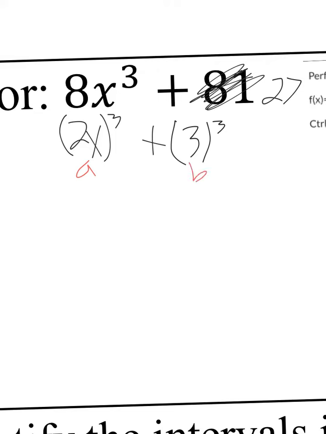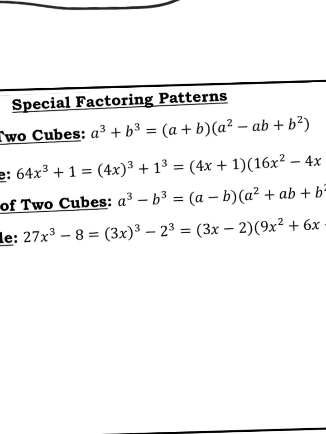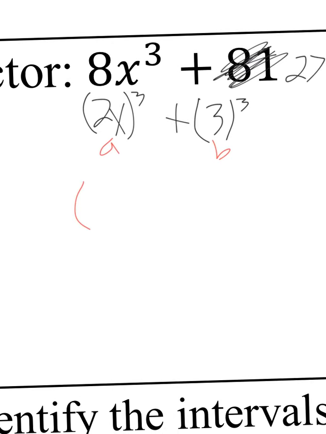So it's going to say A plus B times A squared minus AB plus B squared. So A plus B, 2x plus 3, times A squared.